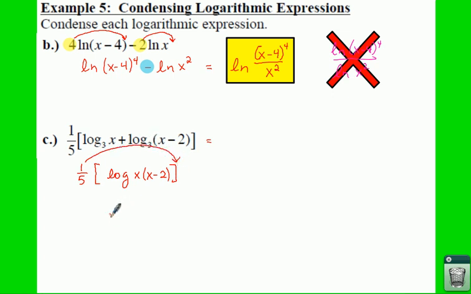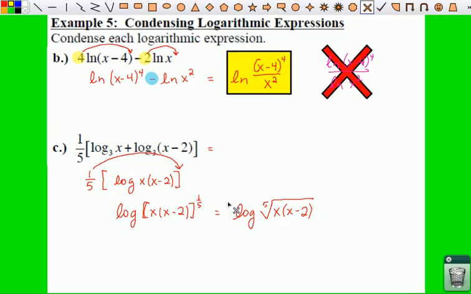So you're going to have a log of, put your brackets here, x times x minus 2 to the 1/5, which would be the log of the 5th root of x times x minus 2. And if you want to distribute the x, make that x squared minus 2x, you can do that also if you like.